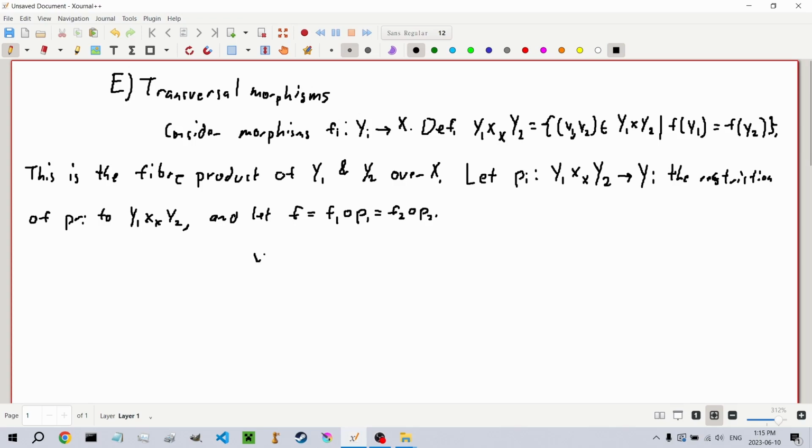So just to better visualize what's going on here, we have the fiber product of y1 and y2 over x. We can project it onto y1 or y2, and then apply your existing morphism from y1 to x or y2 to x. And not only are these equivalent to each other, these are equivalent to our function f by definition.